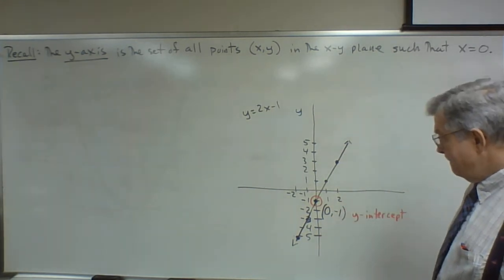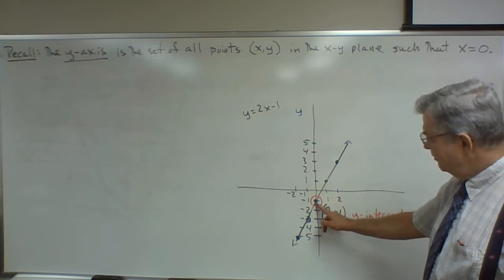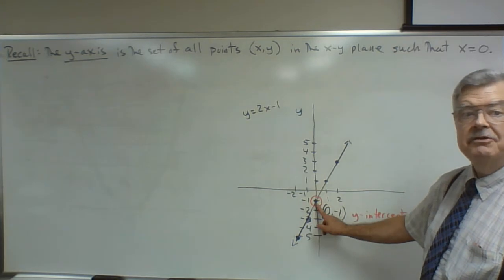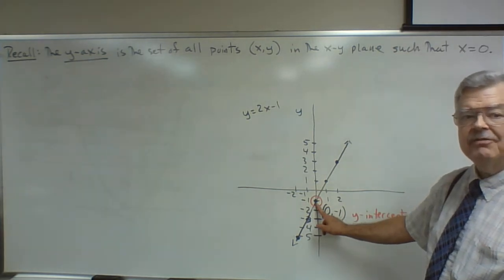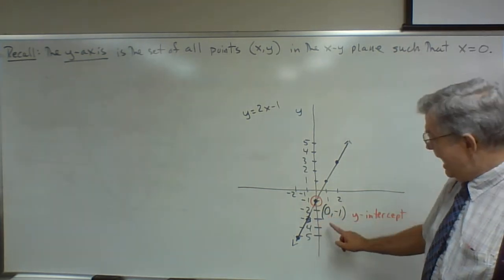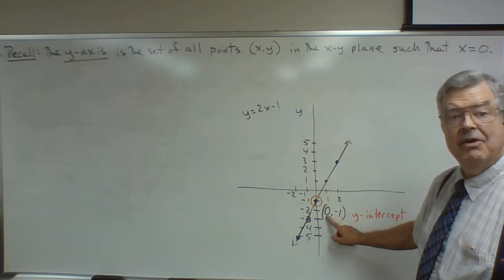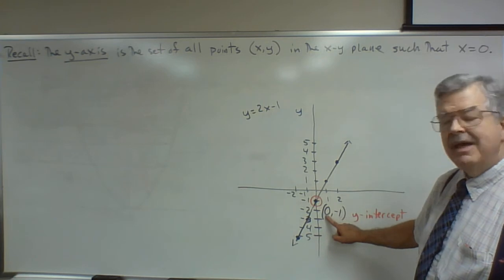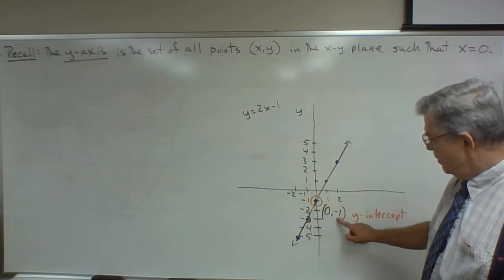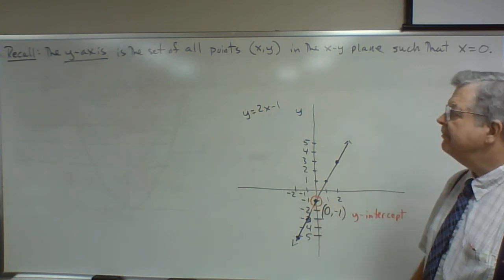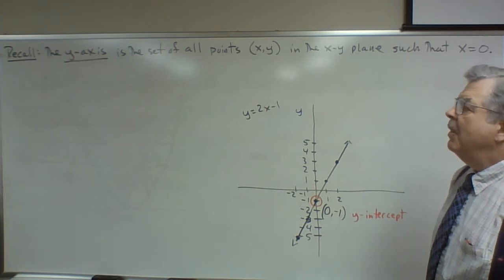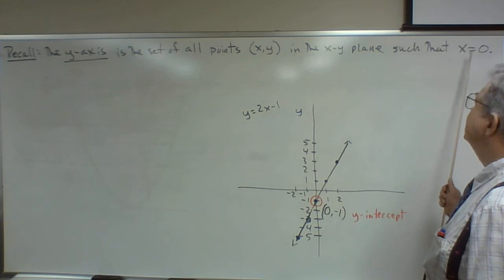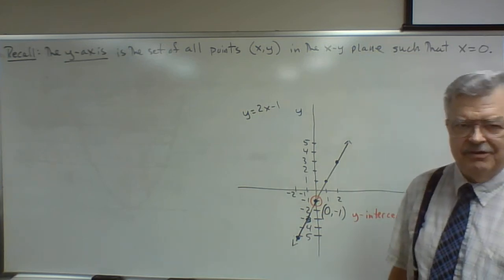So here's the y-intercept of our graph right here. Duh, the first thing I should have thought of was, oh, x equals 0. We're on the y-axis, x equals 0. And then I could have looked right here for the y-coordinate. The y-axis is the set of all points in the xy plane such that x equals 0.